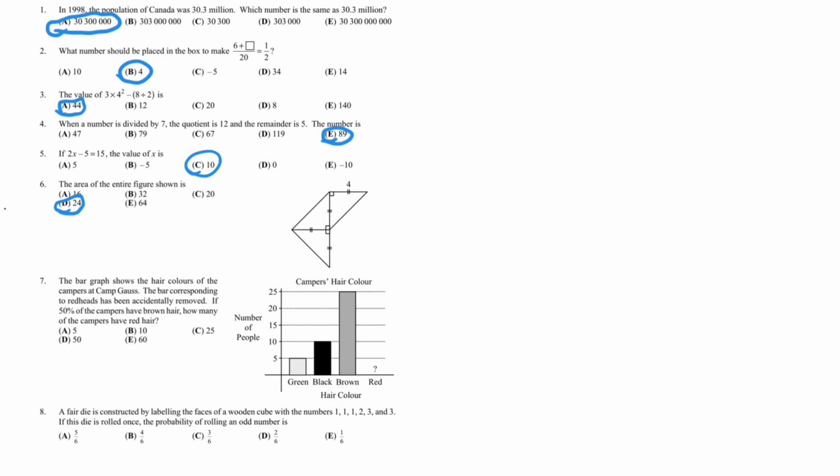Let the number of campers be X. And 50% of the total campers, 50% X, that's the brown color, that's 25. So 50% X is 25.